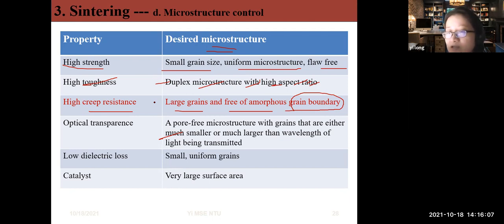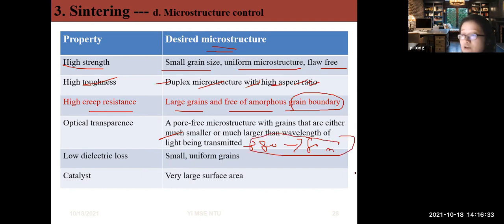And also we said the optical transparency. If you want a material to be very optically transparent, first of all, get rid of the pores, because the pores are going to scatter the light. The other one is the grains can be either much smaller or much larger than the wavelength of the light. The visible light is 380 to 780 nanometers, right?